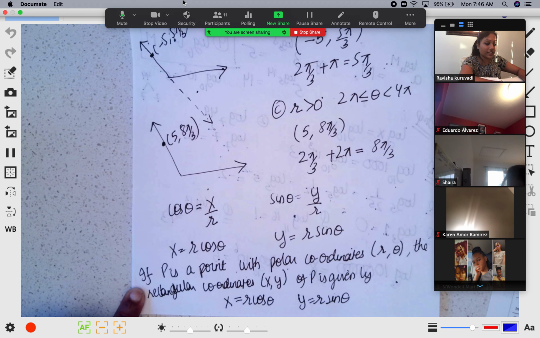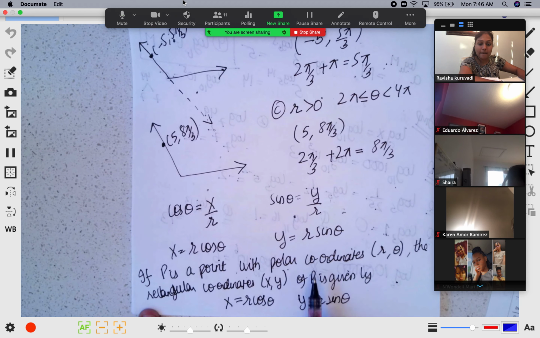So if they give you the polar coordinates and ask you to find the rectangular coordinates, you just plug in the values of r and theta.